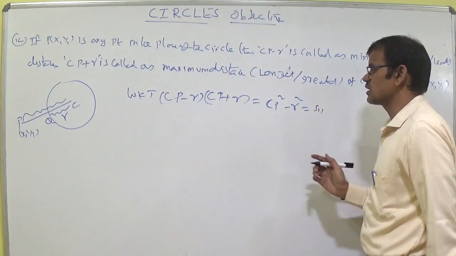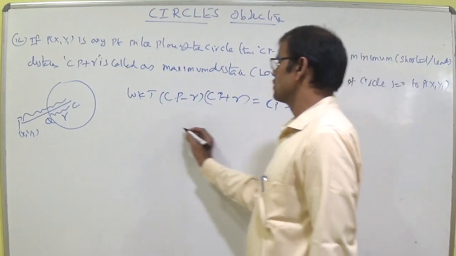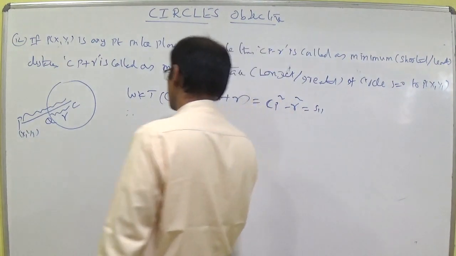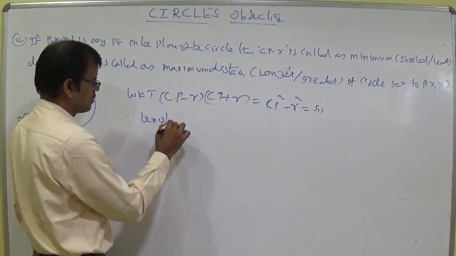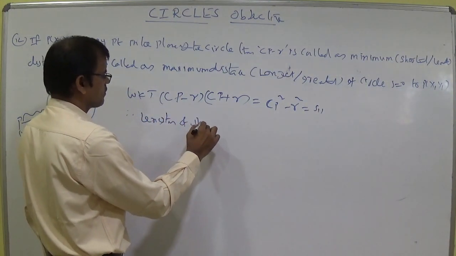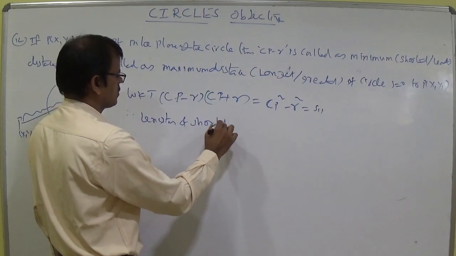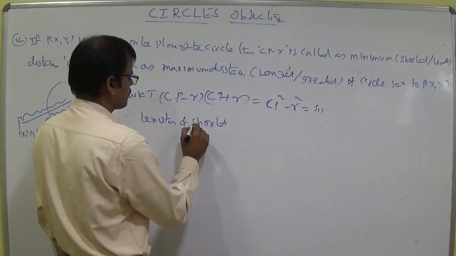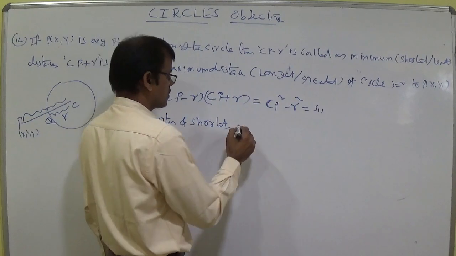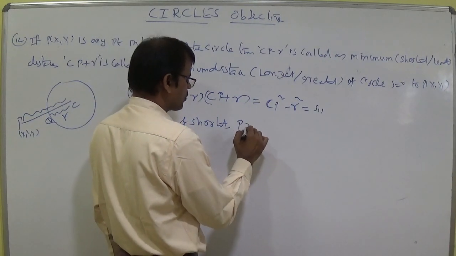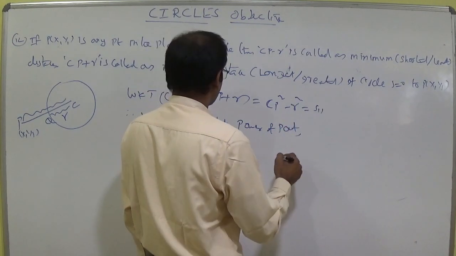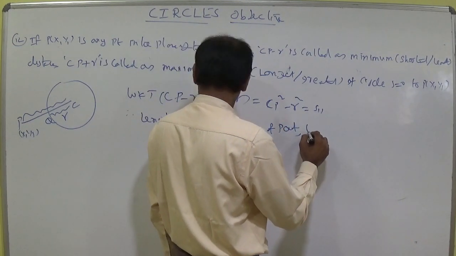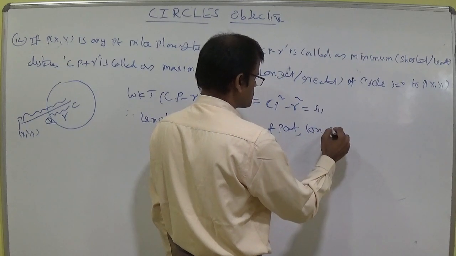CP square minus R square is equal to S11. Therefore, we can say that lengths of shortest, power of point, longest distance.